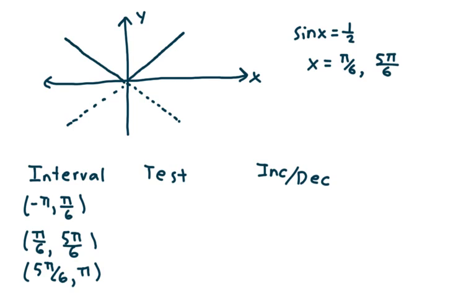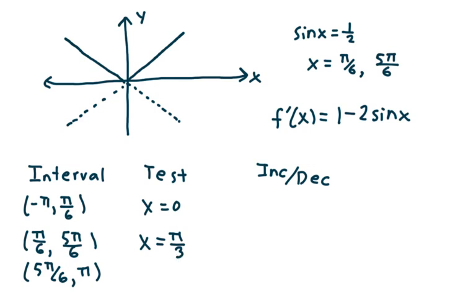And let's remind ourselves, f prime of x is 1 minus 2 sine x. So here I'm going to test x equals 0. And then from pi over 6 to 5 pi over 6, we can test x equals pi over 3.